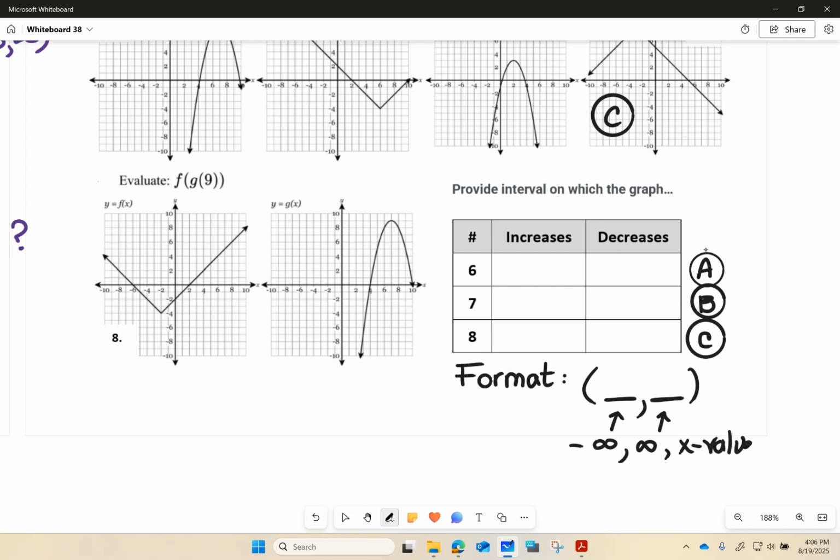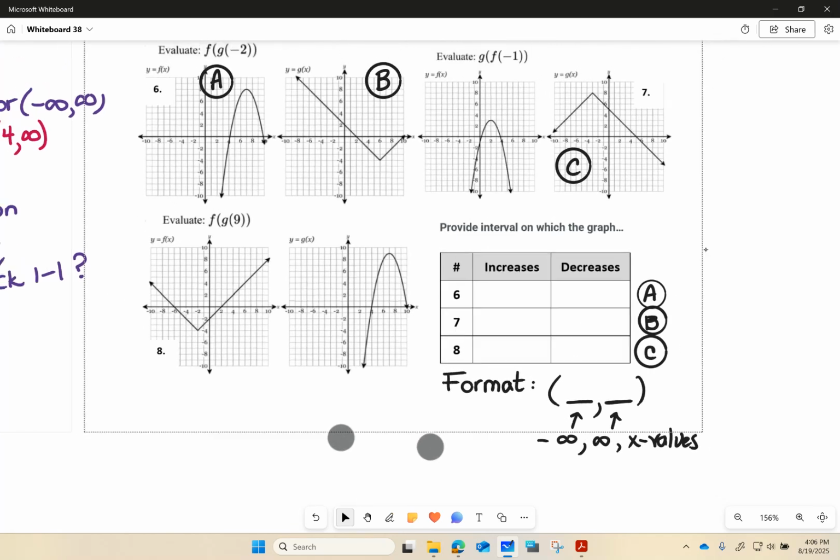Those are the only values you are allowed to put in those spots. So it's always going to be parentheses, and you will always put 2 quantities there. So here's how it works out.